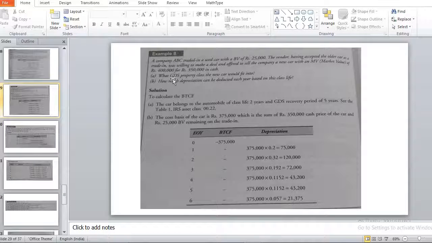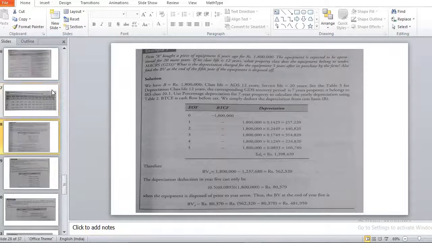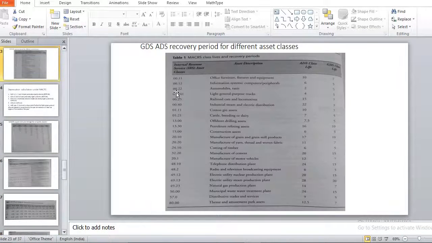They asked what GDS property class the new car would fit into, and how much depreciation can be deducted each year based on this class life. A car belongs to the automobile class. If you go to the first table, automobiles and taxis come under class life 2 years.